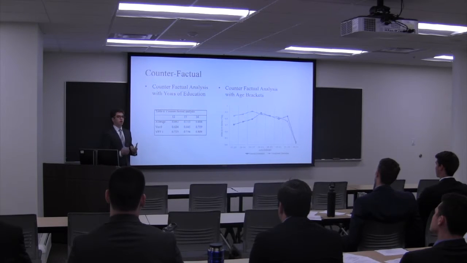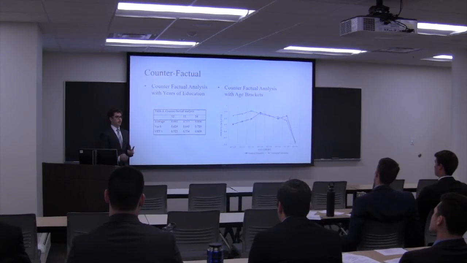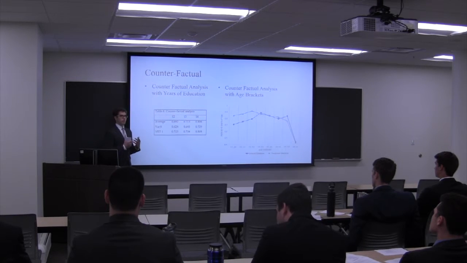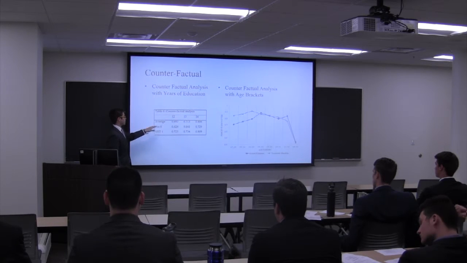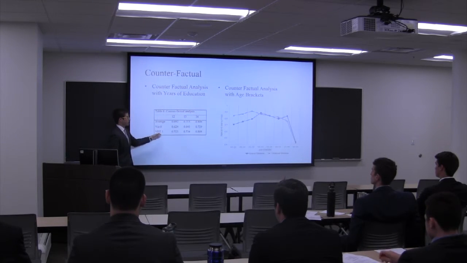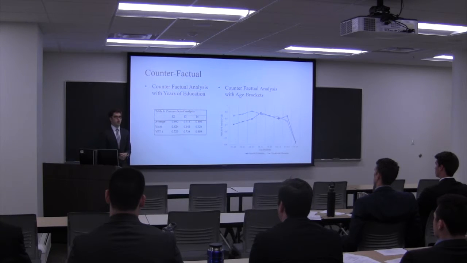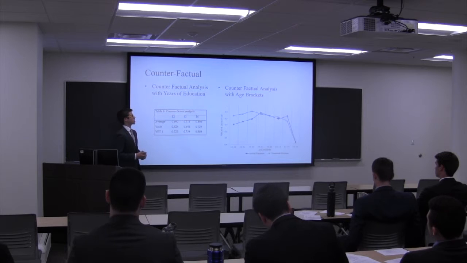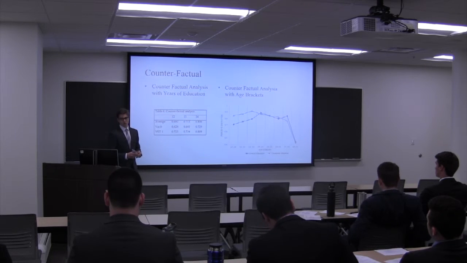Why I wanted to include this is the age-old theory that as you increase your education, your employment should increase, and I wanted to make sure my population was in line with this theory. As you can see, for both general and vocational education, employment increases as years of education increase. Now more importantly is my counterfactual analysis with age brackets.